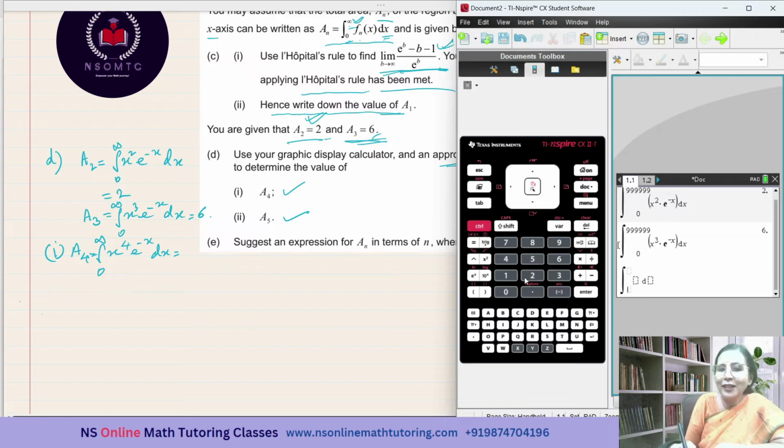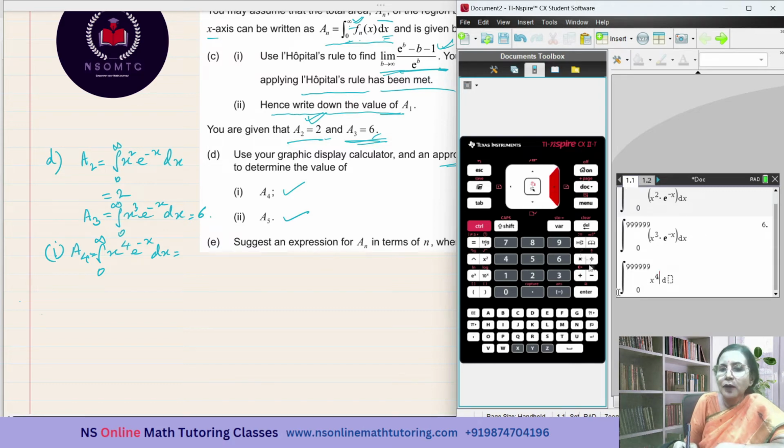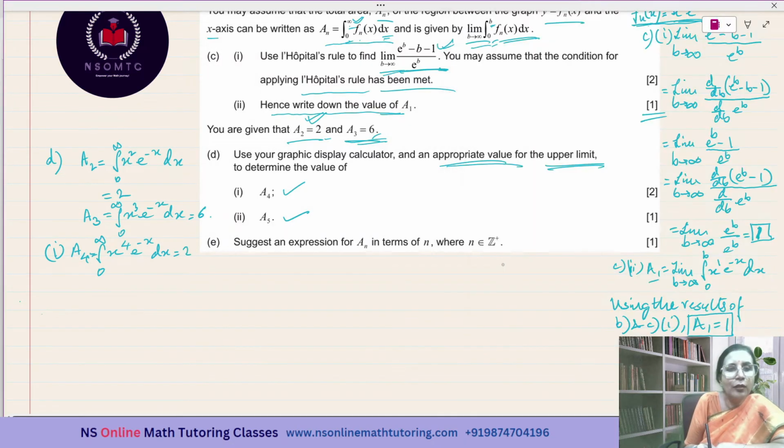So numerical integral and 0, and 6 nines, and x to the power of 4 times e to the power of negative x, and this is dx. Enter. 24. Okay, so this value is 24. This is containing 2 marks and this is containing 1 mark. But I don't have any more working to be given. They are asking us to use the GDC, so I don't even have to write using GDC.